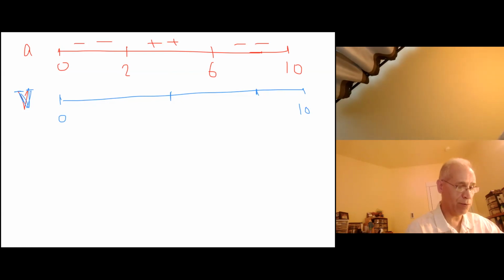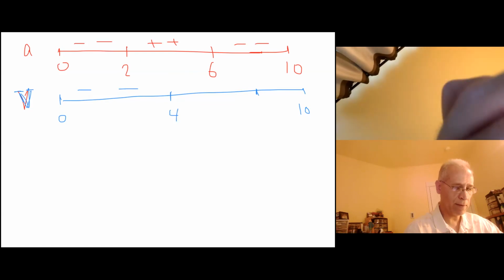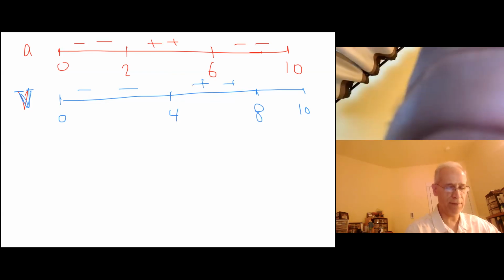Between 0 and 4 everything was negative, between 4 and 8 everything was positive, and after 8 everything was negative again.